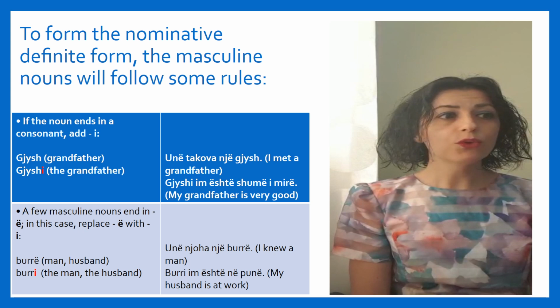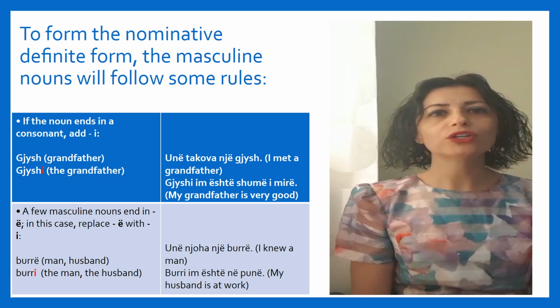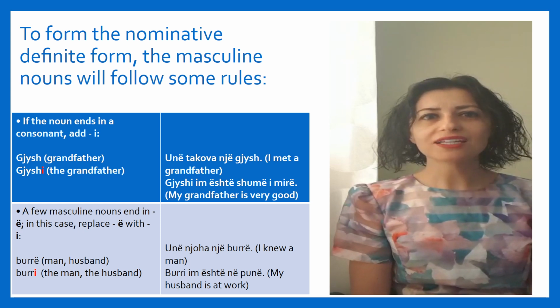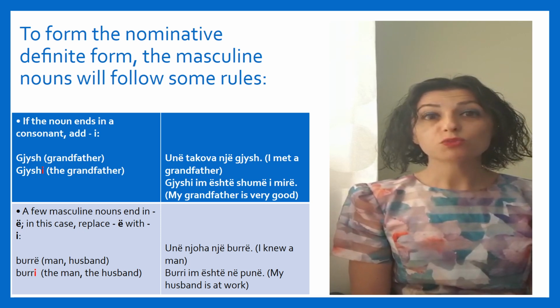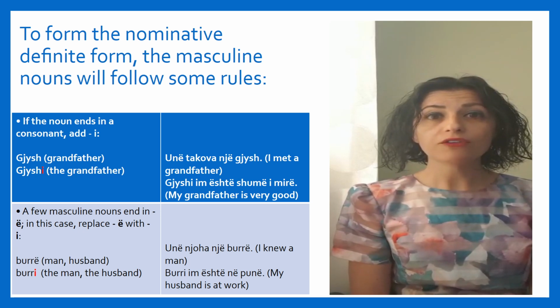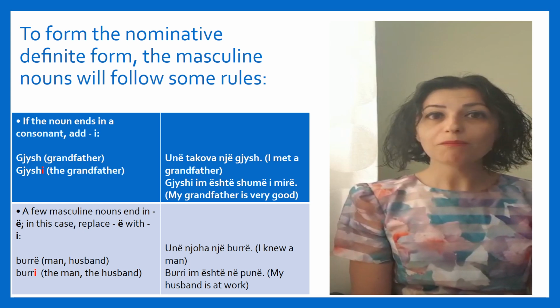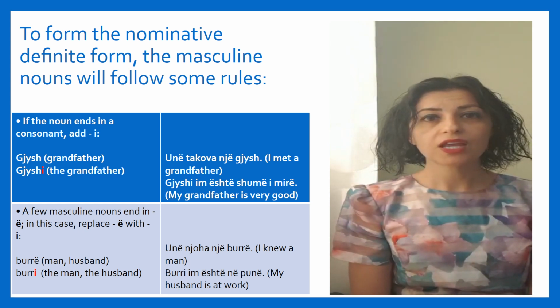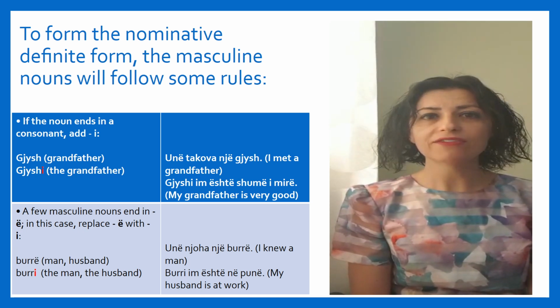We have the word burra, which we know that when you are going to speak, we don't pronounce the "a" at the end, but when we are going to write it, then you have to write it. So it's burra. Now, to make the definite form, you have to replace that with "i". So it will be burri. Burra can be translated with man, but also with husband. And burri is the man or the husband, definite form.